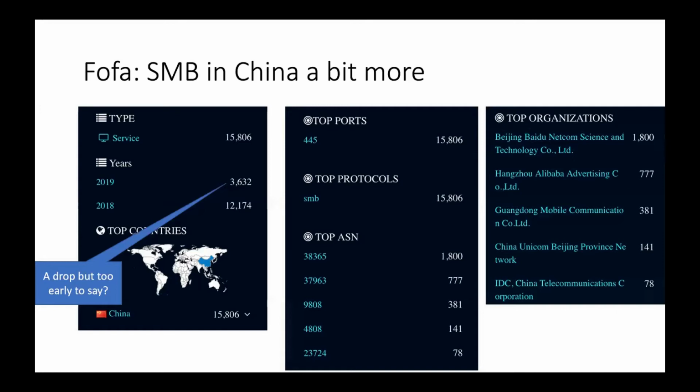It was surprising, and this is part of my job: oh wow, there are very few devices opening Samba ports. I don't know if there are ways for the Chinese government to block this kind of scanning activity. Maybe I'm not familiar enough with the network in China, but there was certainly more than Shodan was showing when I was doing those searches. But there was this drop, which is very strange.